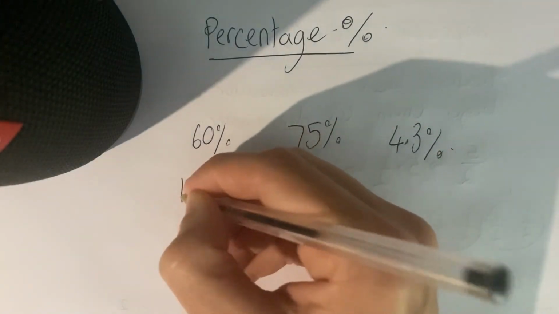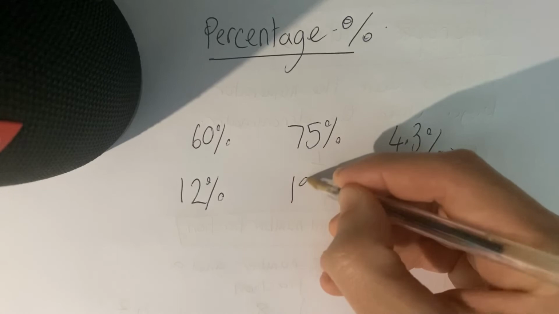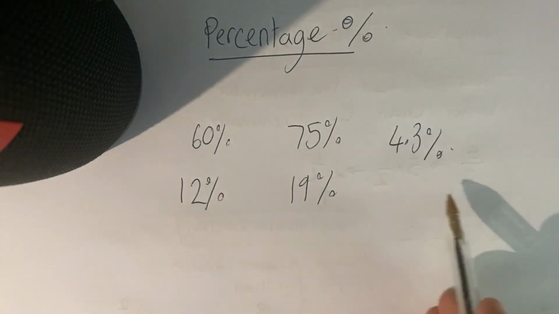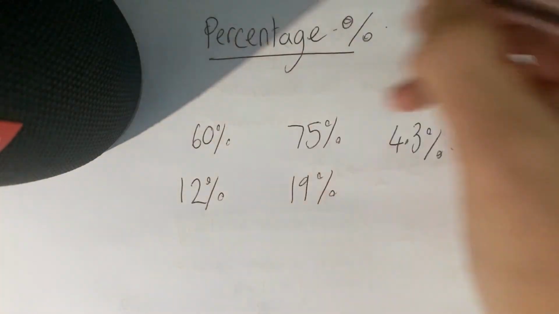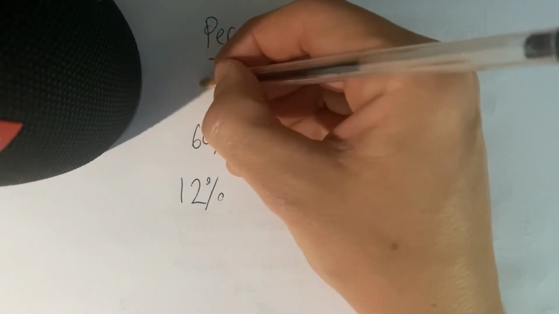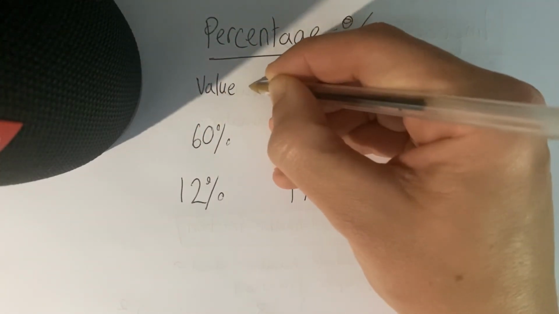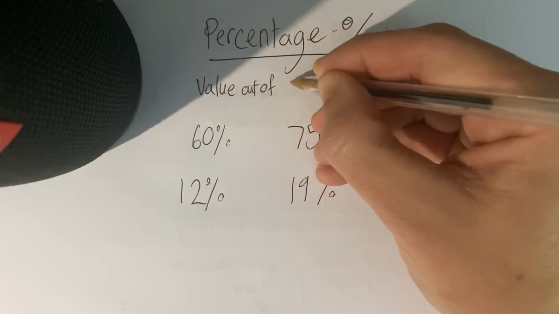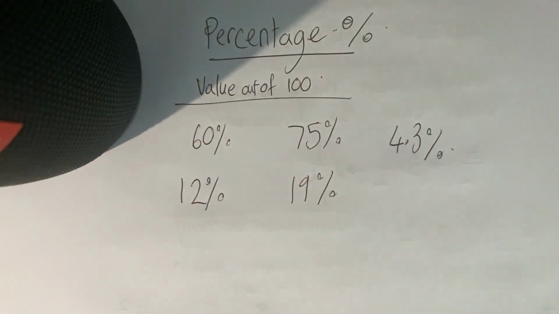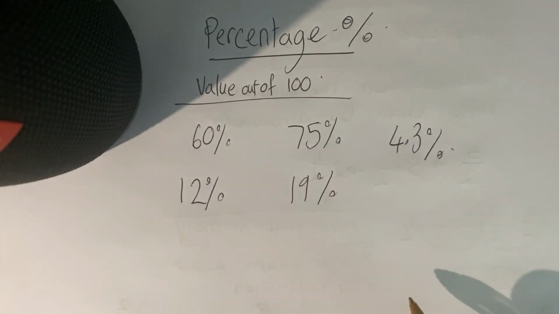We could have 12%, we could have 19%. And all the percentage means is, it's a specific number. Percentage is a value out of 100. And when I say out of 100, this is as if it was a fraction that we're just not writing as a fraction.